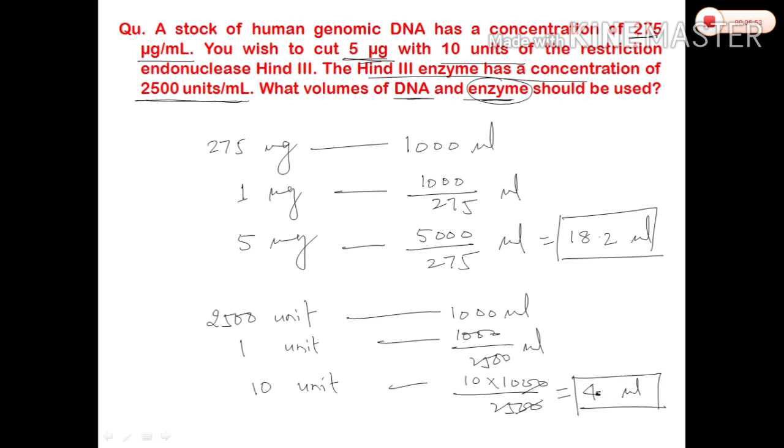So 4 microliter of HindIII contains 10 units. So the answer is 18.2 microliter of the DNA, and it will be digested by 4 microliter of the restriction enzyme, which contains 10 units of the restriction endonuclease.